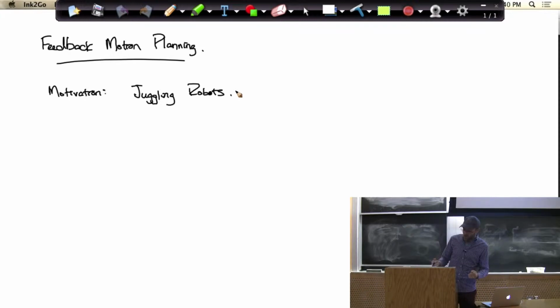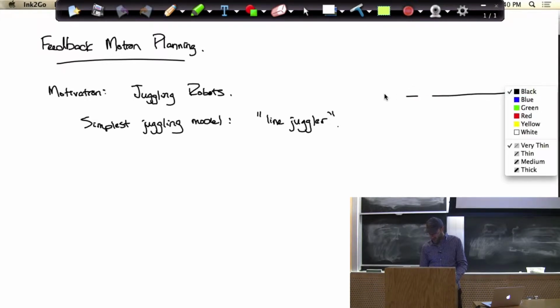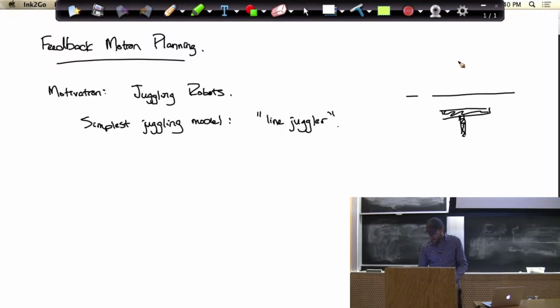So the story in juggling is very much a story about the simplest juggling model, which is what I had on the midterm, and then building back up from that. It's called the line juggler. You'll remember there was a zero line, there was a paddle and a ball, the height of the ball called b, the height of the location of the paddle was r, and everything works just in the line.